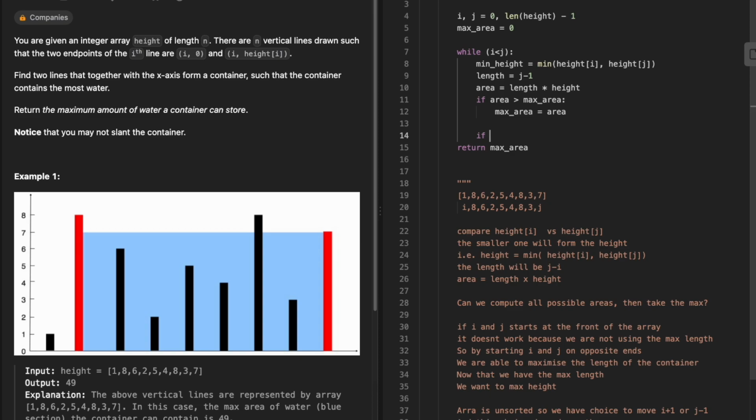If height plus 1, we want to make sure that it's increasing if it's bigger than height of i.